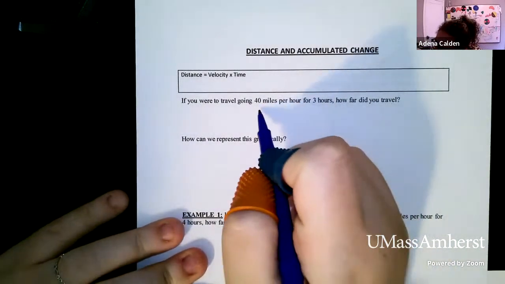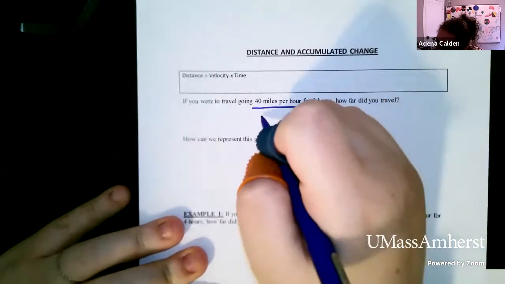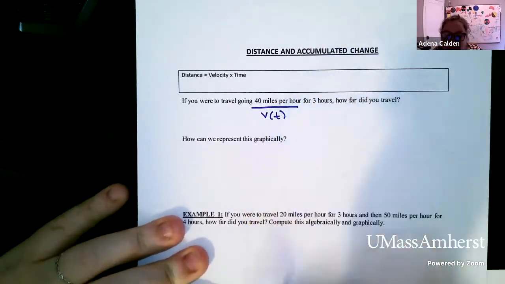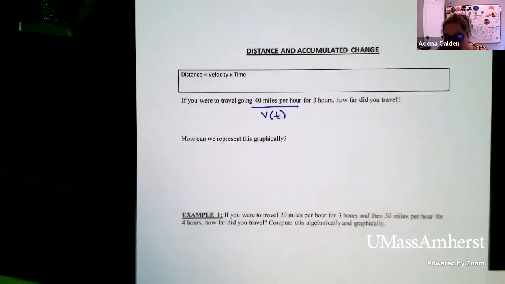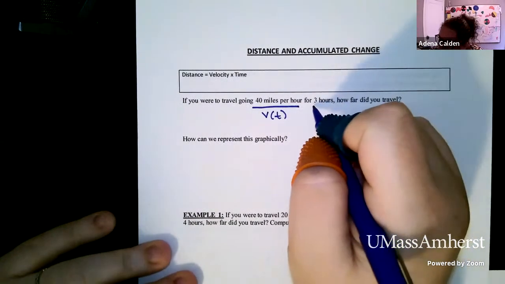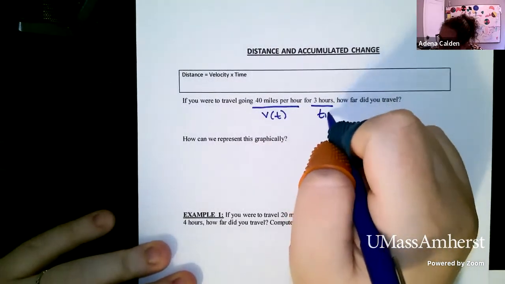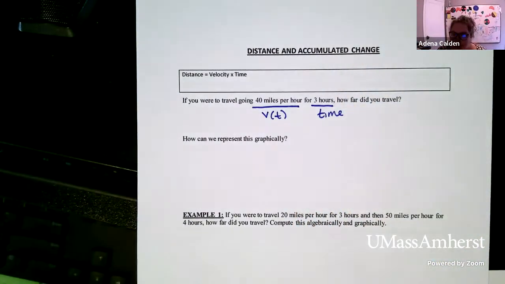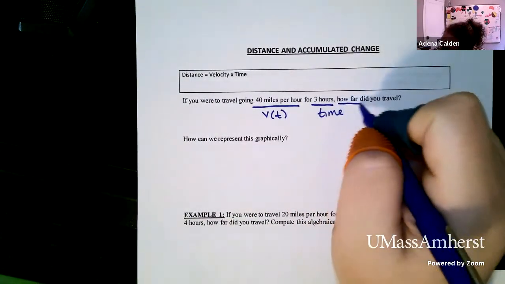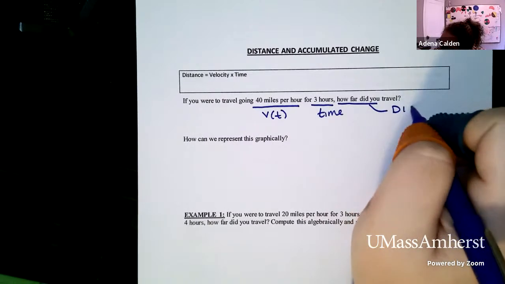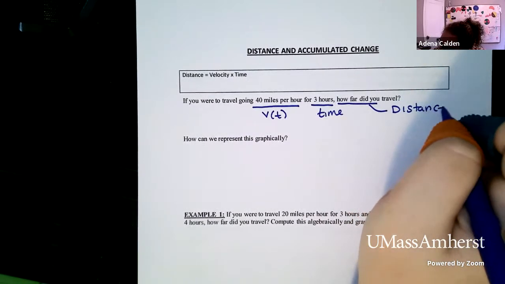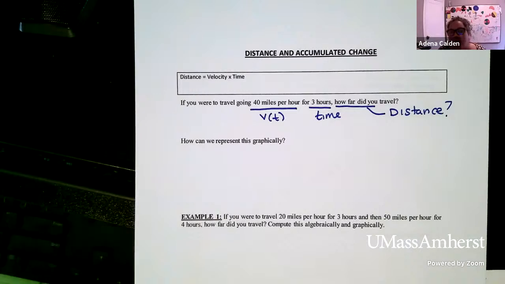So 40 miles per hour is a velocity, miles per hour, it's a rate of change. 3 hours is a time. And how far did you travel? We want to know the distance. How far did you go, right?